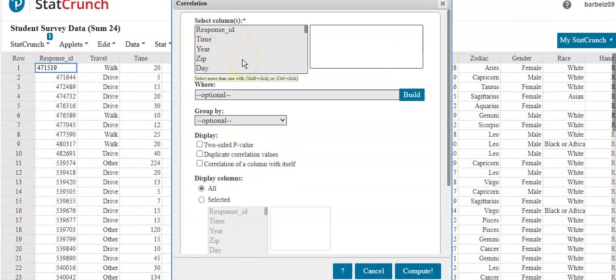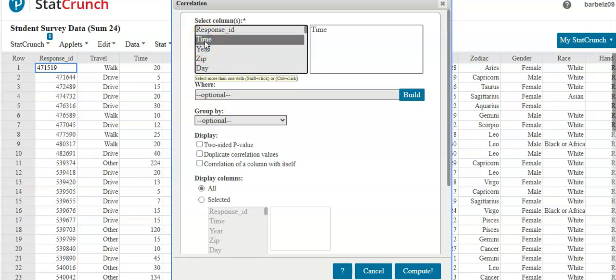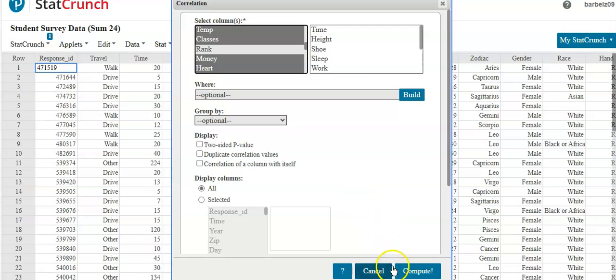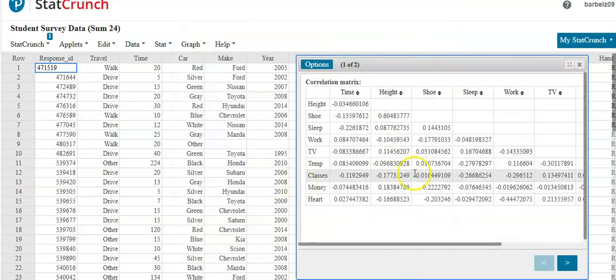Okay, so we're going to select the columns time, and it tells me if I hold control down, I can click on the others. So height, shoe, sleep, work, TV, temp, classes, money, and heart. And then we're just going to go down and hit compute, and it gives us the correlation matrix.